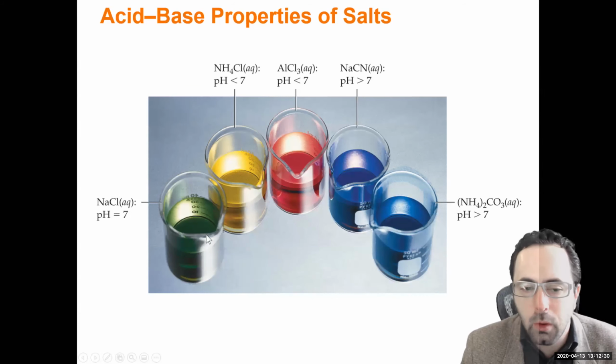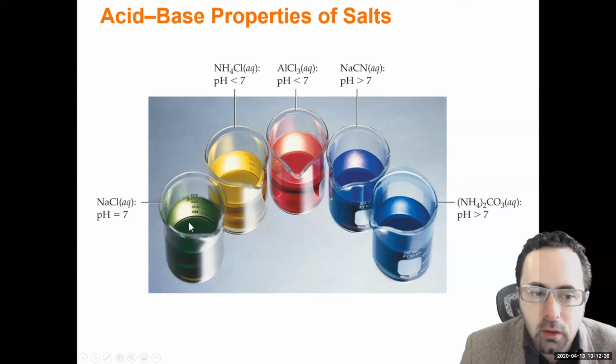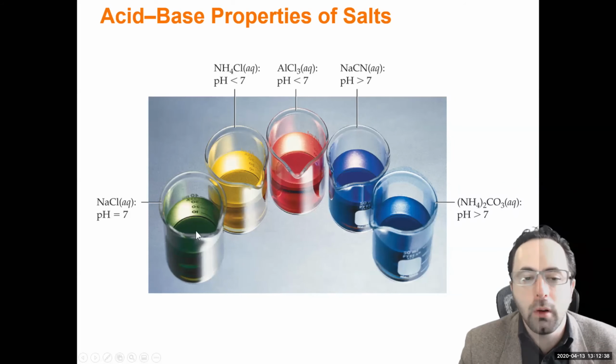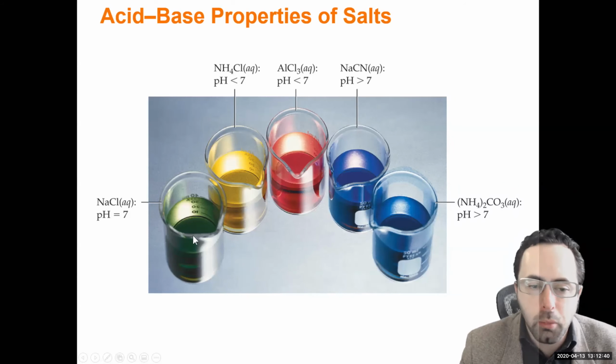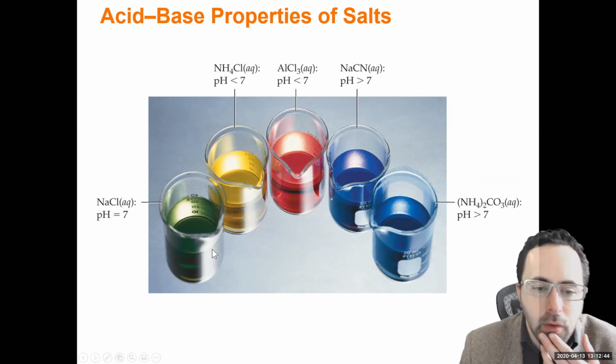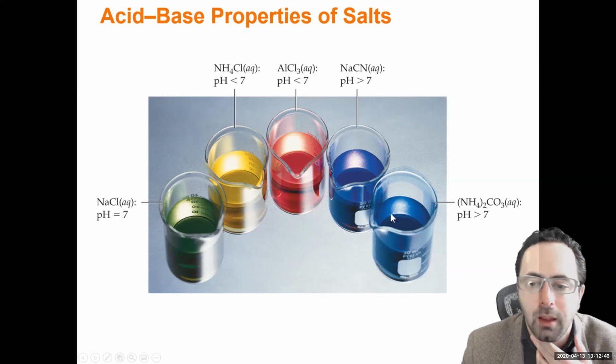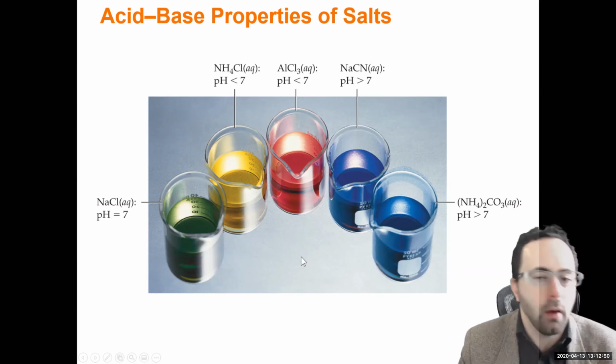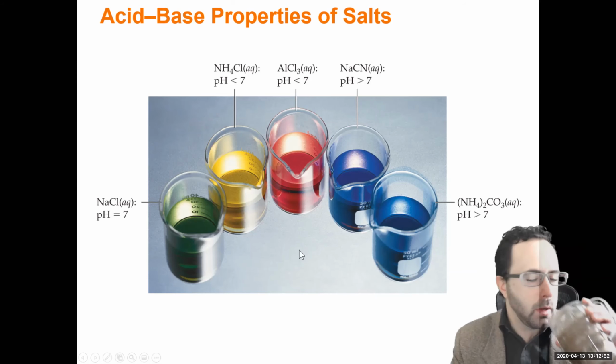For example, sodium chloride solution contains sodium and chloride ions. Sodium and chloride ions are neither acidic nor basic. So they produce a solution that is pH 7, which is given by this universal indicator here. This is like the red cabbage juice indicator that you found out about in experiment 8.